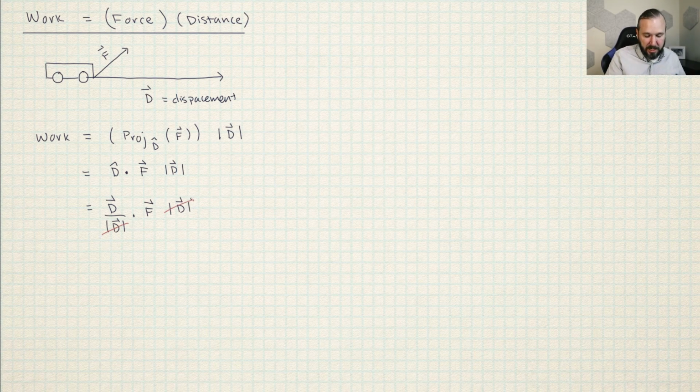So these are going to cancel, and we just end up with this great formula. The way that you calculate work, if you're using vectors, is just f dot d. So another really awesome thing that the dot product does, it also calculates work.